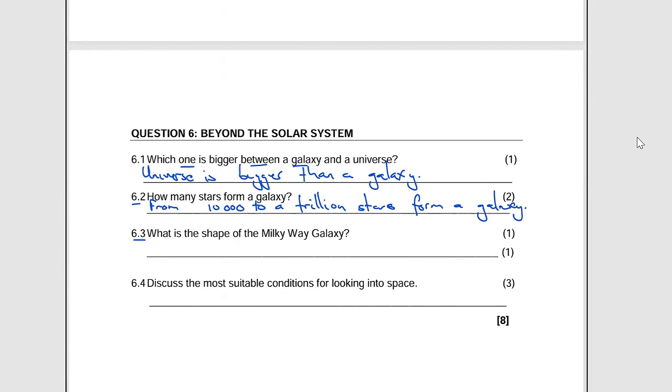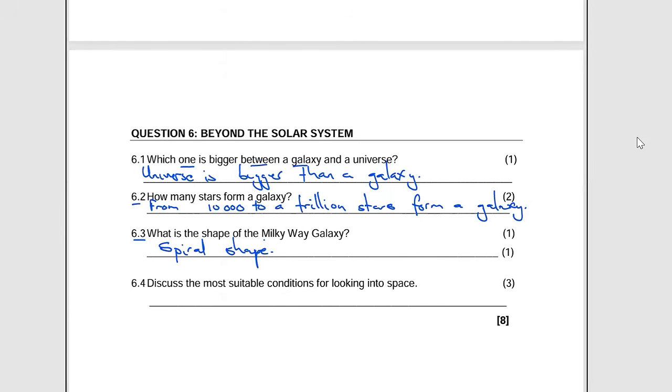Then moving on to 6.3, it says what is the shape of the Milky Way galaxy? So it has a spiral shape. Spiral shape, right? So this is the shape of the Milky Way galaxy.